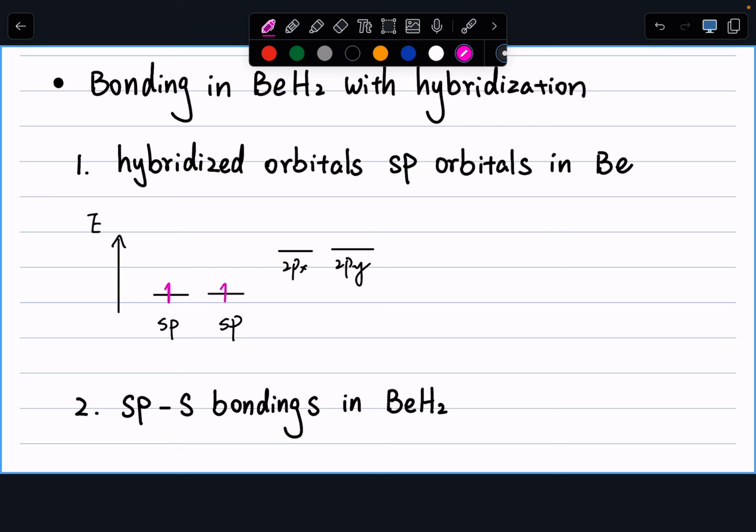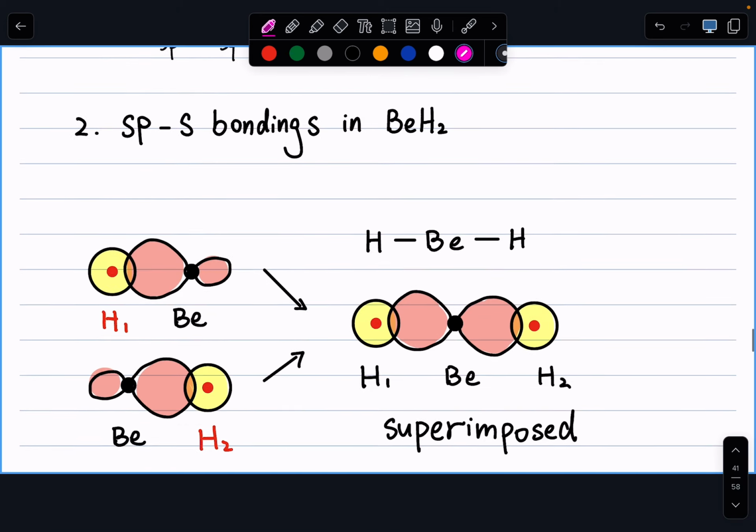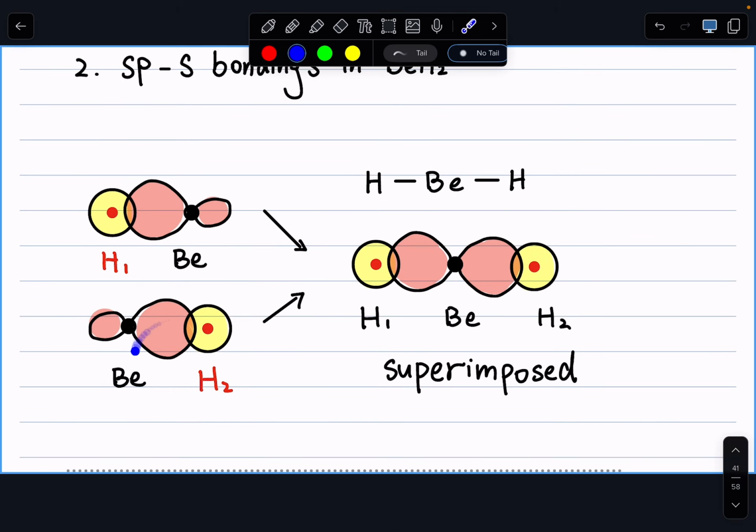And my sp atomic orbitals are singly occupied, ready to make a chemical bond with the hydrogen. And the result here is we have two single bonds. And if we superimpose the beryllium-hydrogen 1 chemical bond with the beryllium-hydrogen 2 chemical bond, we end up getting our final product. Yes?